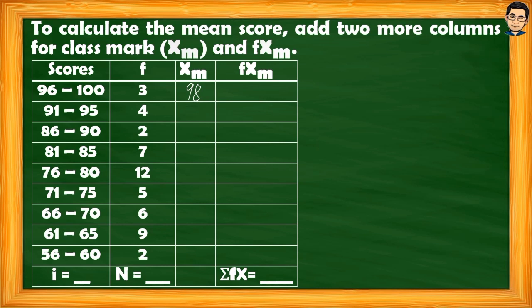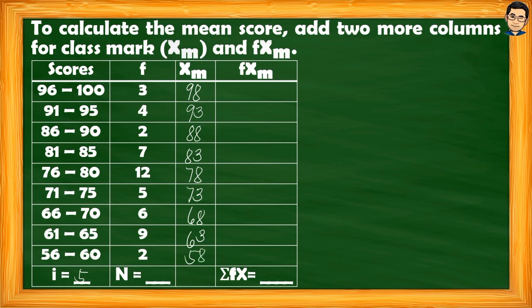Yung class interval natin dito is 5; magbilang tayo from 96 to 100, that is 5. Yung class interval na yon, isusubtract lang natin sa 98 para hindi na tayo paulit-ulit sa pag-add and divide by 2. Yun yung pinakamabilis na paraan. So, 98 minus 5, we have 93, then 88, 83, 78, 73, 68, 63, and 58.